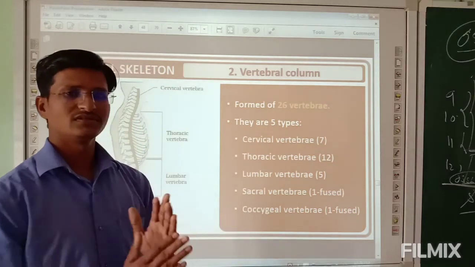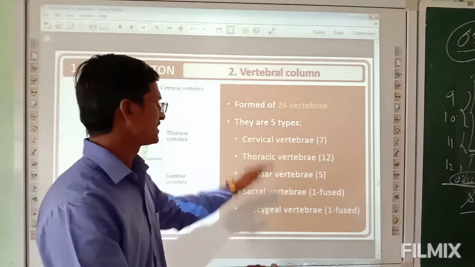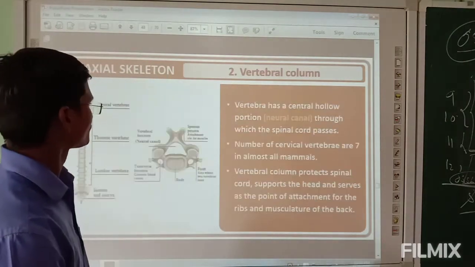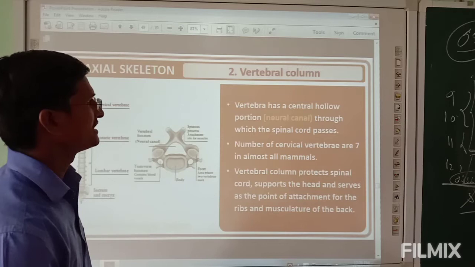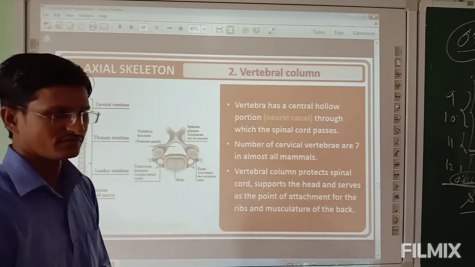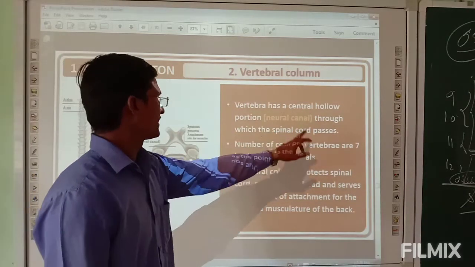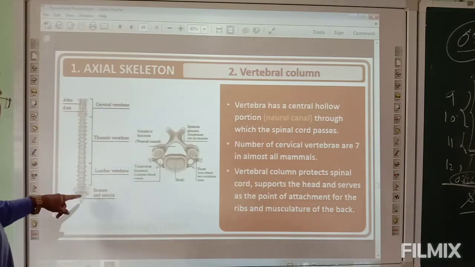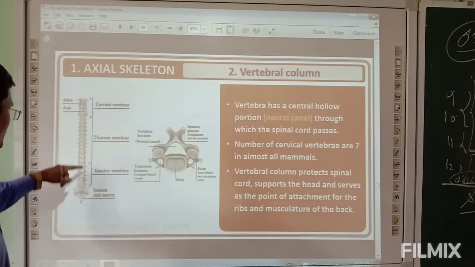We need to remember these names, that is our main focus. The vertebra has a central hollow portion called the neural canal. You can see here, it is the neural canal.